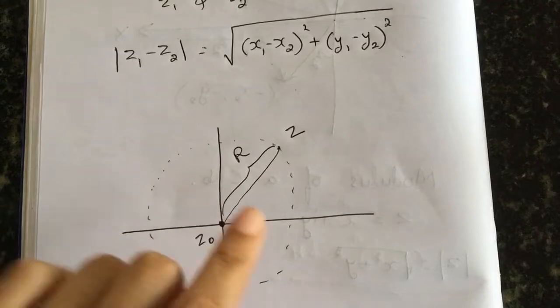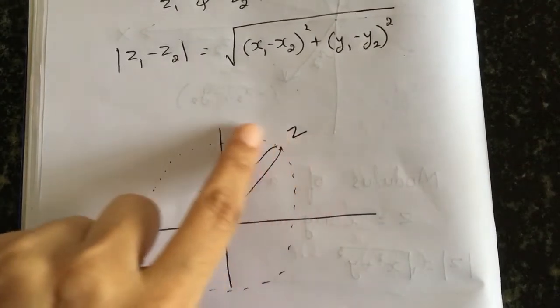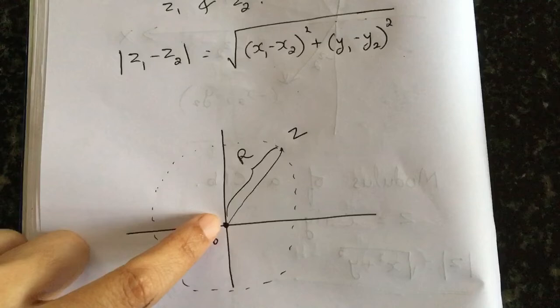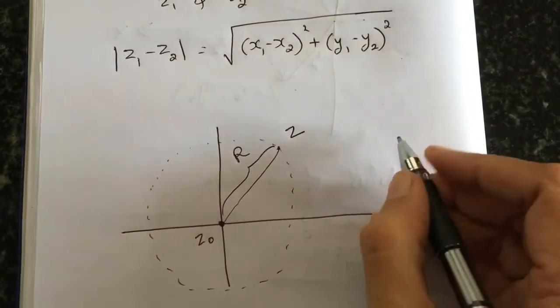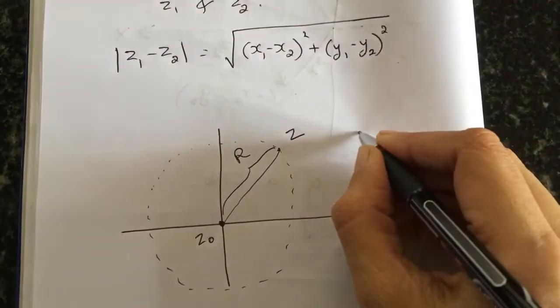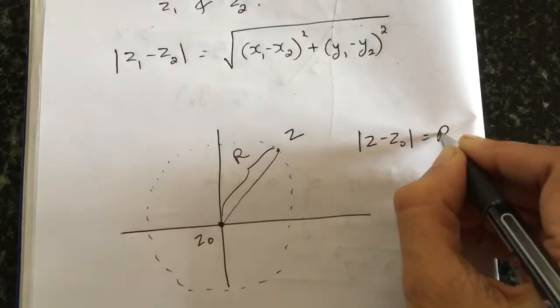So the complex number z corresponding to the points lying on the circle with the center at z0 and the radius r satisfies the equation mod z minus z0 equals the radius, right?